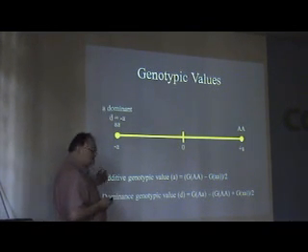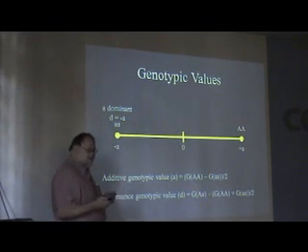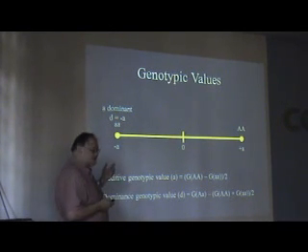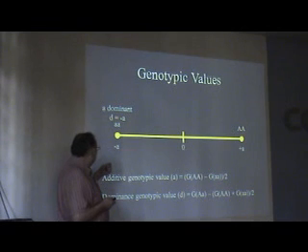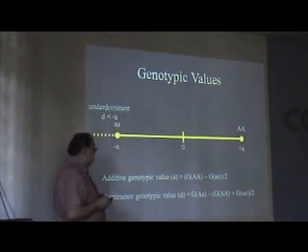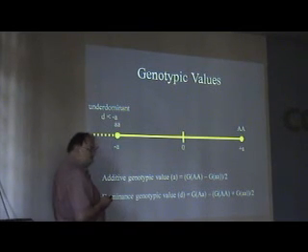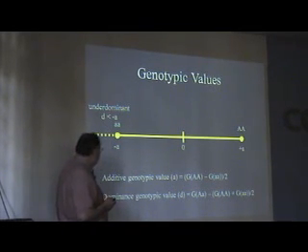Or small a could be dominant to big A. That's perfectly all right. I'm not using the tall capital and small letters to indicate dominance, and you'll see why after a bit, but it could be that the small a allele is dominant, and then D would equal minus A. You can also have a situation where the heterozygote is less than minus A. So it's not between the two homozygotes, but smaller than either of them on this scale.